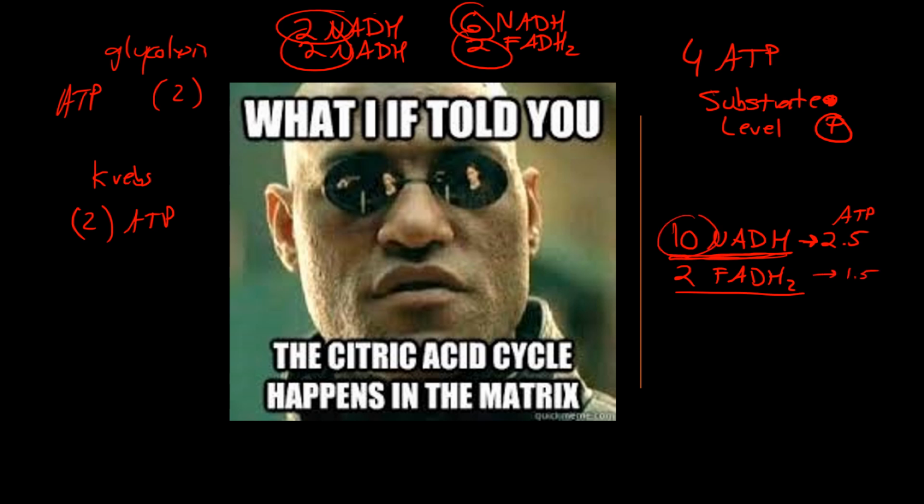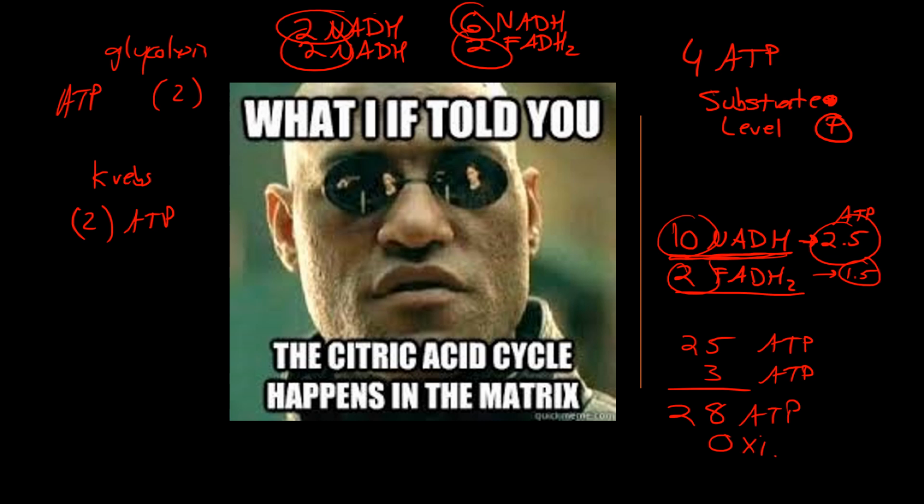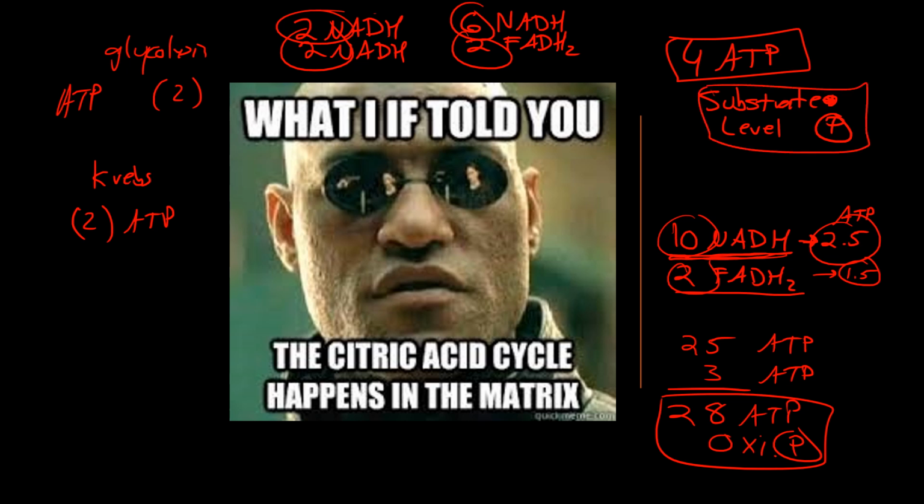So 10 times 2.5 is 25 ATPs, and then 2 times 1.5 is 3 ATPs. That is a total of about 28 ATPs generated through oxidative phosphorylation. And then another 4 can be created by substrate level phosphorylation, for a total of about 32 ATPs.